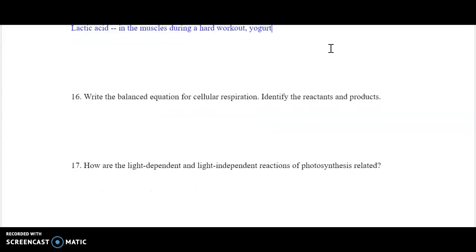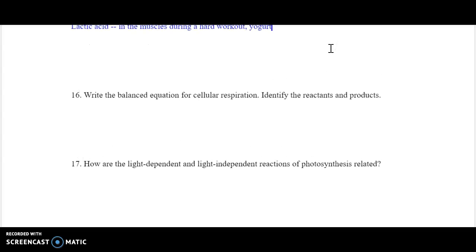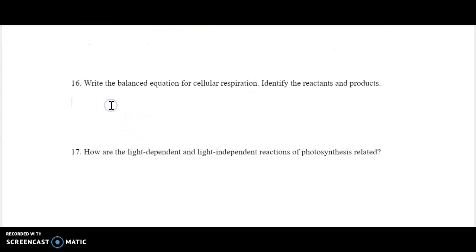Write the balanced equation for cellular respiration. And that would be glucose going in, which is C6H12O6, plus oxygen has to go in as well as an O2 oxygen molecule.